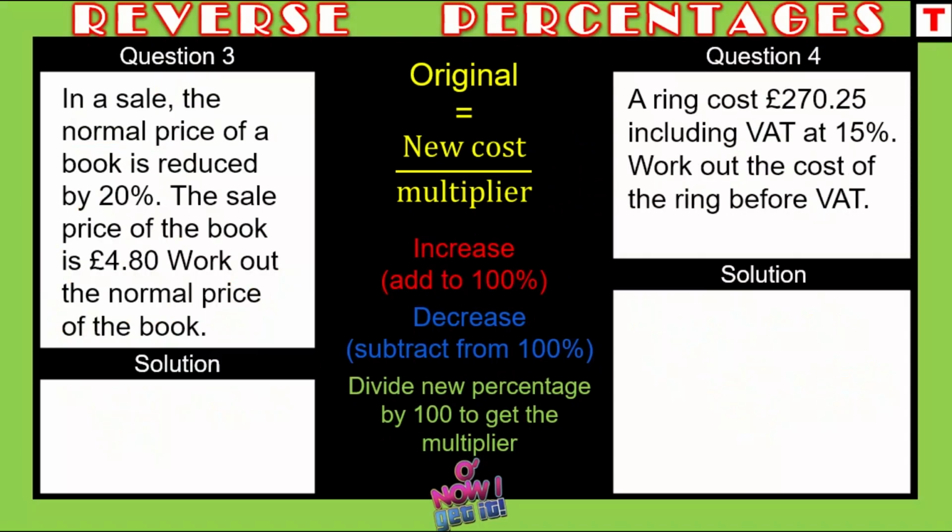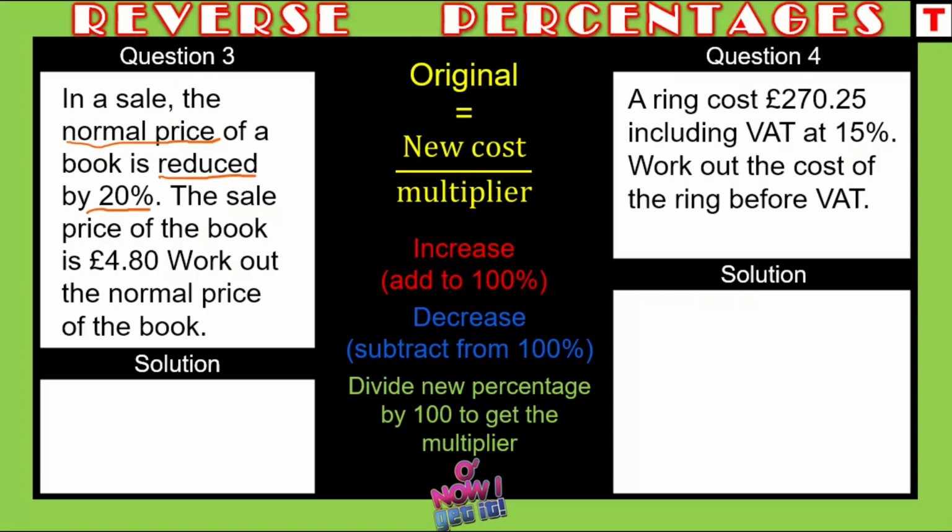So for the next one, it says here that in a sale, the normal price. So here we have a new term, normal price, and this simply means original price just the same. So the normal price of a book is reduced by 20%.